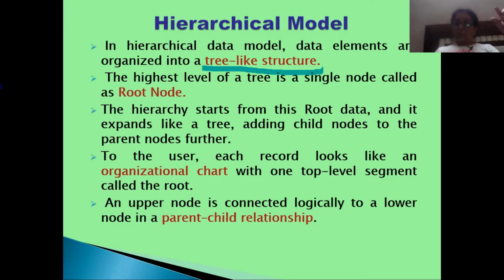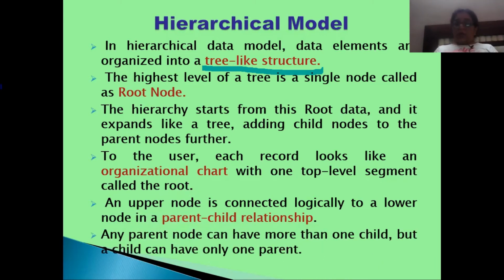सबसे ऊपर वाला जो node है, that is called as a upper node. उसके नीचे जो next node उससे connected होगा logically connection में, that is called as a child node or a lower node, and it is called as a parent-child relationship. Any parent node can have more than one child, but a child can have only a one parent.